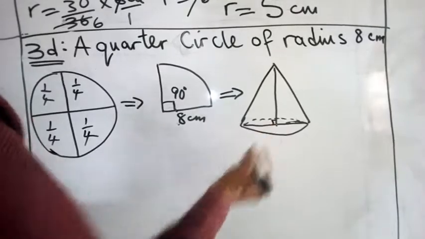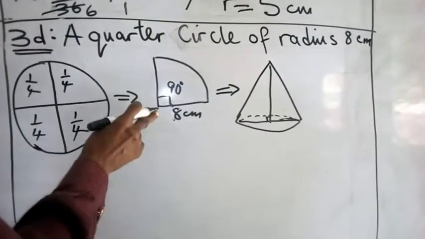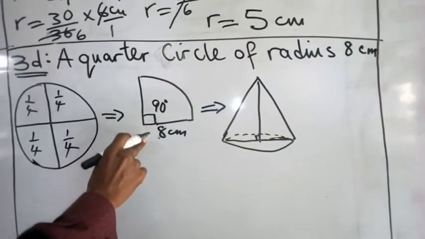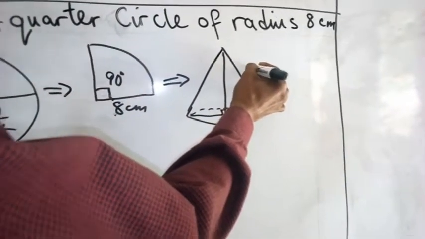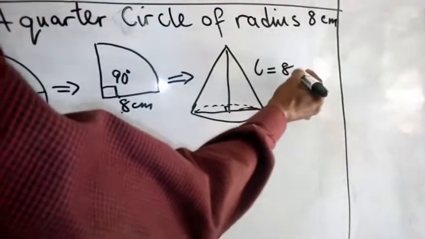Remember, when folded, the radius of the sector now becomes the slant height of the cone. So slant height here is 8 cm.